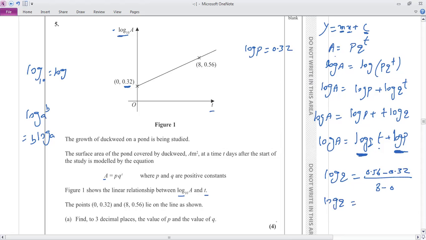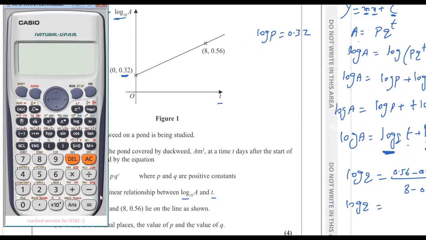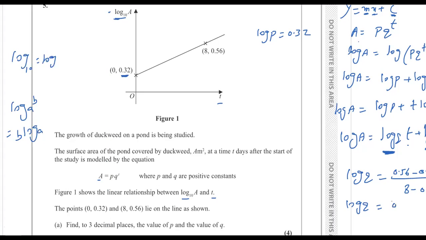If I solve it, let me open the calculator. Okay, let's solve that now. It will be 0.56 minus 0.32 divided by 8. So we'll get 0.03. Now from this one I will get the value of P, and from this one I will get the value of Q. Let's solve that now.